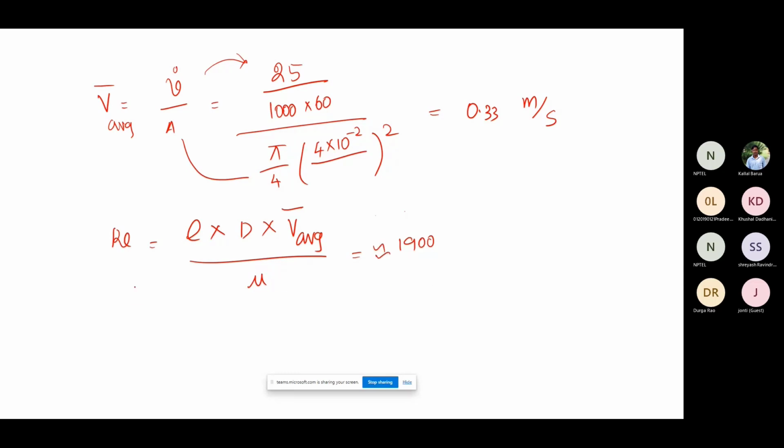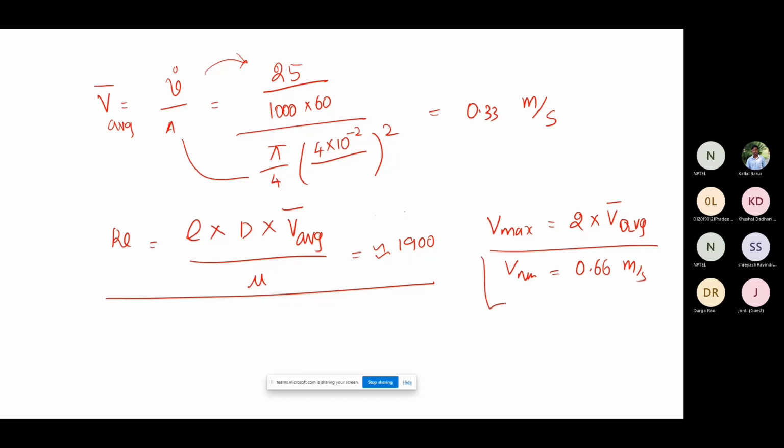If your Reynolds number falls under the transition or laminar region, you can simply calculate your Vmax as 2 into V average. So this information is also there in the lecture. So by that way, you multiply this by 2 and then you get 0.66 meter per second. Okay. And this is the average velocity, that is one question. Then finding out the maximum velocity, that is another question.